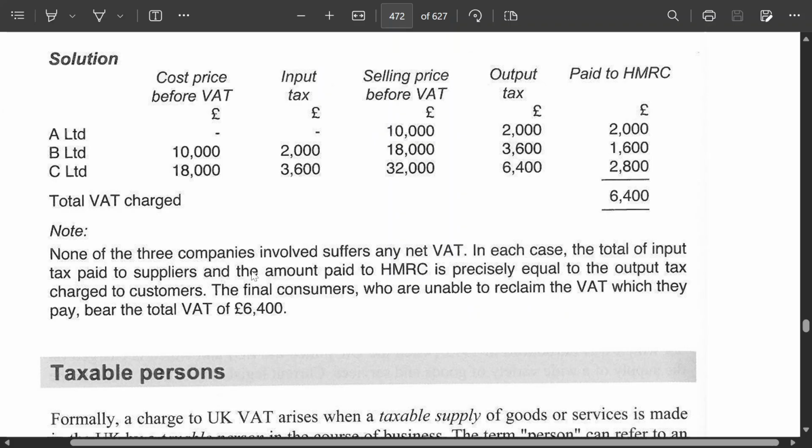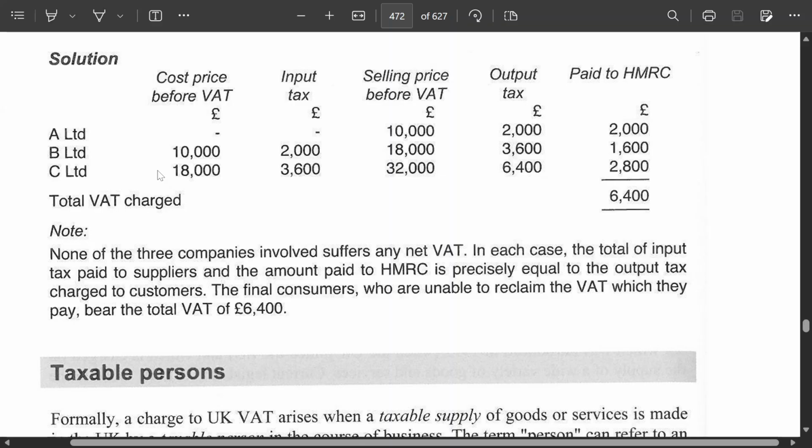Now what am I saying here? VAT is a tax on domestic consumption, whether it's intermediate or final. Now these are all examples of intermediate consumption. When A is selling to B, it's a case of intermediate consumption by B. When B is selling to C, it's a case of intermediate consumption by C. Any consumption which is not the final consumption is called intermediate consumption, right?